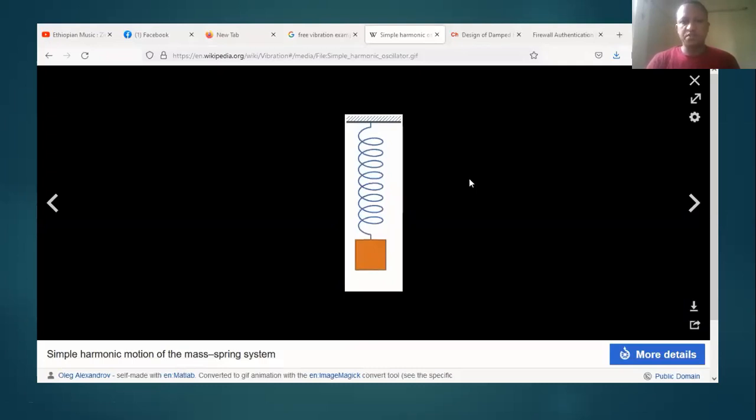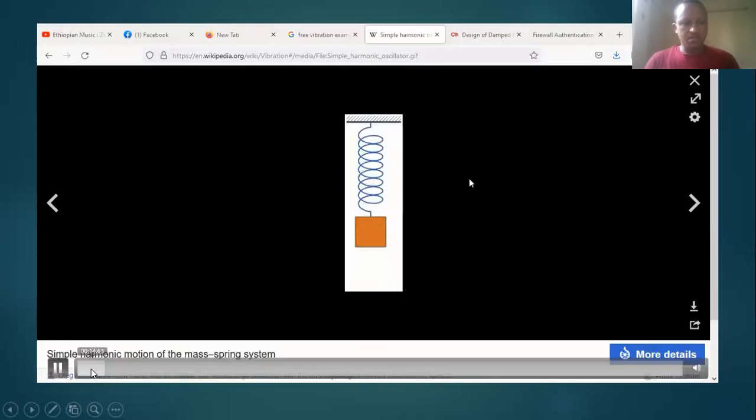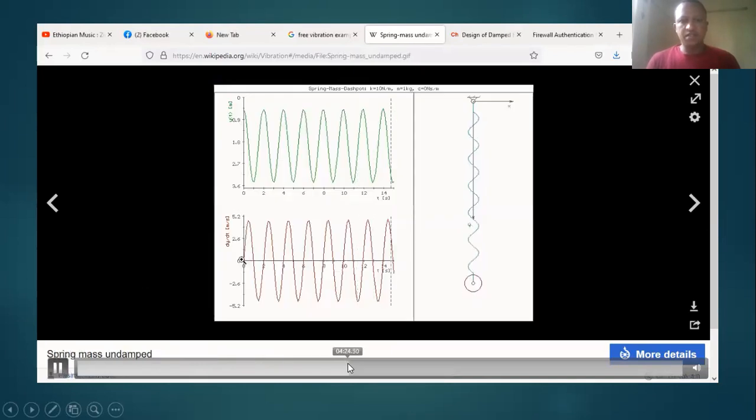This is the one which we have seen, the undamped vibration case. This is what we have observed there in the first picture. This is the situation of the undamped free vibration case.